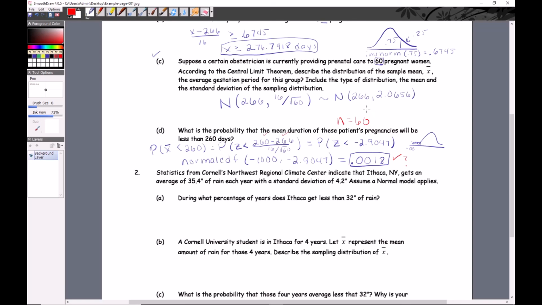However, the average X bar being 6 days less for 60 patients, some of whom will be 6 days after 266, right? But to start seeing a whole bunch of them being early for delivery is really unexpected. It's uncommon, right?